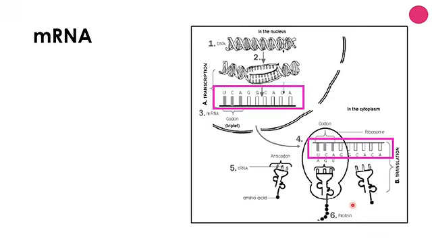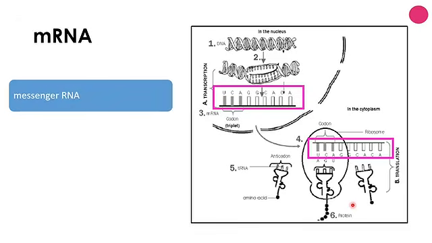There are 2 types of mRNA that we are quickly just going to mention, and they play a role in the whole process of protein synthesis. So mRNA is called messenger RNA, and this literally just takes a message from the DNA.